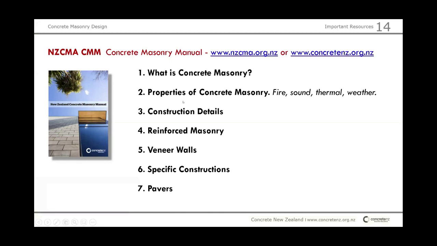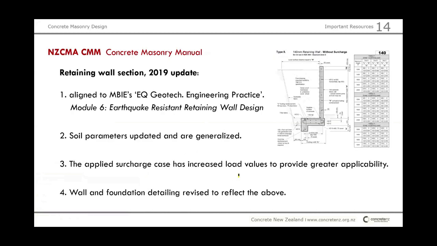It talks about properties of concrete, construction details, reinforced masonry. We have just updated the section on retaining walls. Due to the earthquakes, there was a recommendation from MBIE and Geotech, and all those findings we put into chapter 6.1, retaining walls.